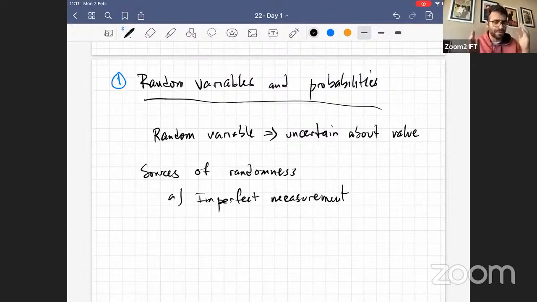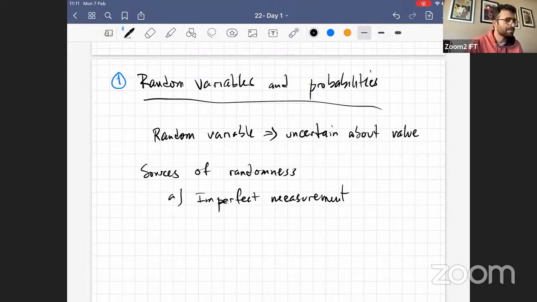But imagine that you have a completely controlled environment, where no environmental effects, or you are in a vacuum, etc. If conditions are perfect, then this sort of randomness would go away.